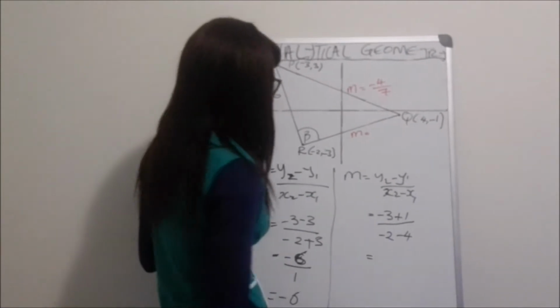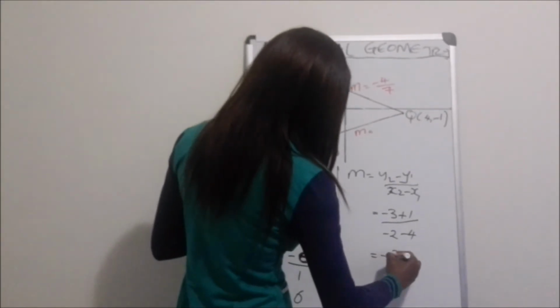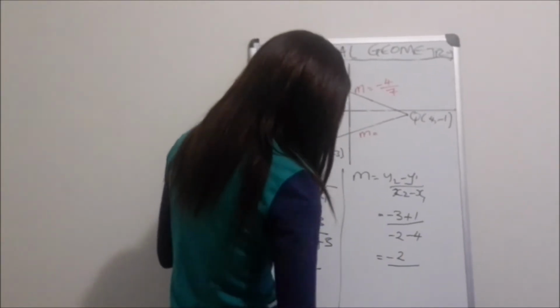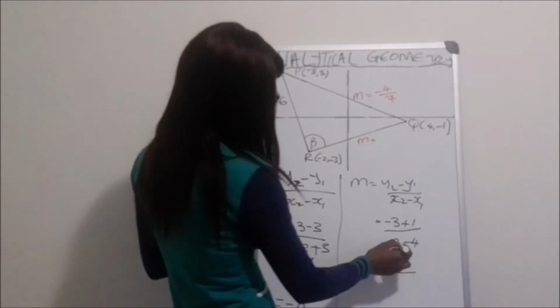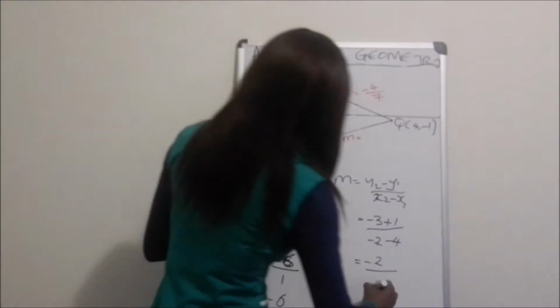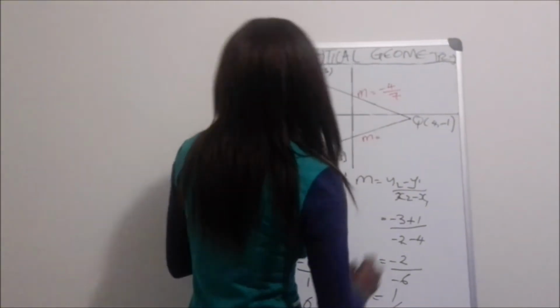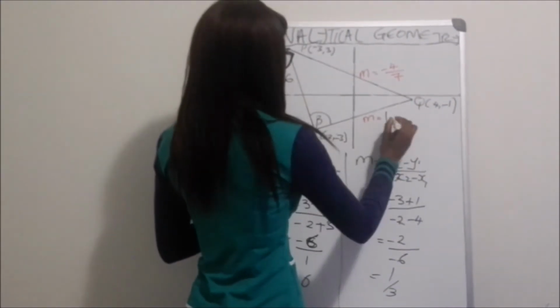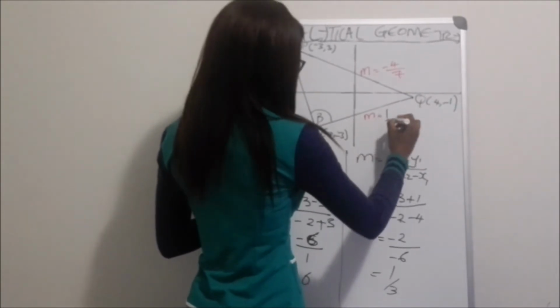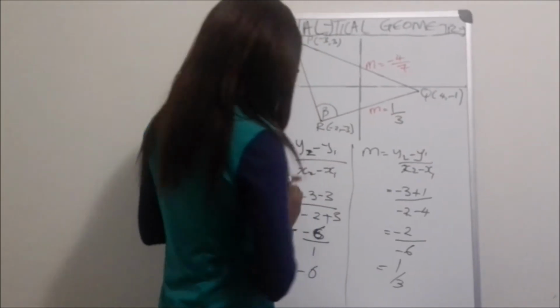Here we have -3 plus 1, which gives us -2, divided by -2 minus 4, which is -6. Then here we're going to have 1 over 3. This is the gradient of QR, I mean to say. This will be 1 over 3.